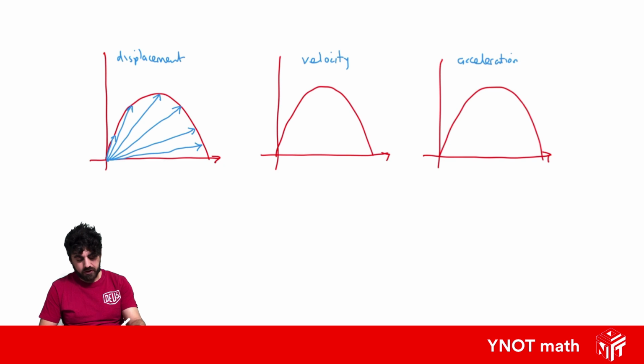For the velocity, we get an equation that describes its velocity that's tangential to the path on the curve. This will give us an x and y component every time for its velocity.